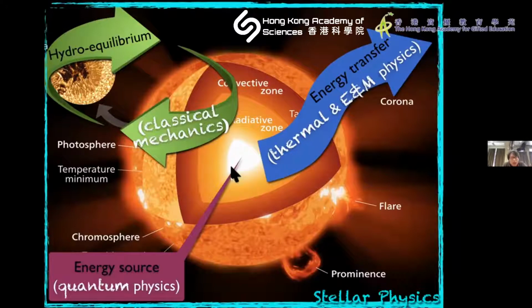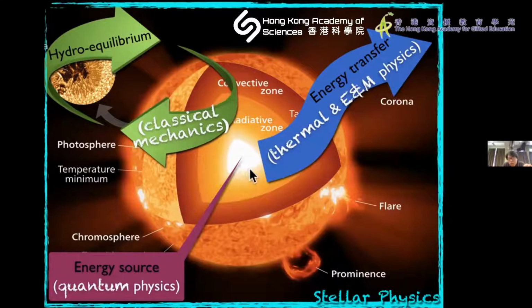Okay? And then because it's burning inside and the star is basically a giant sphere of gas, when you're burning in the center of the gas, this blob of gas is going to have convection, right? How this flow goes on under the heating within, and this causes hydrostatic equilibrium, and it's governed by classical mechanics.